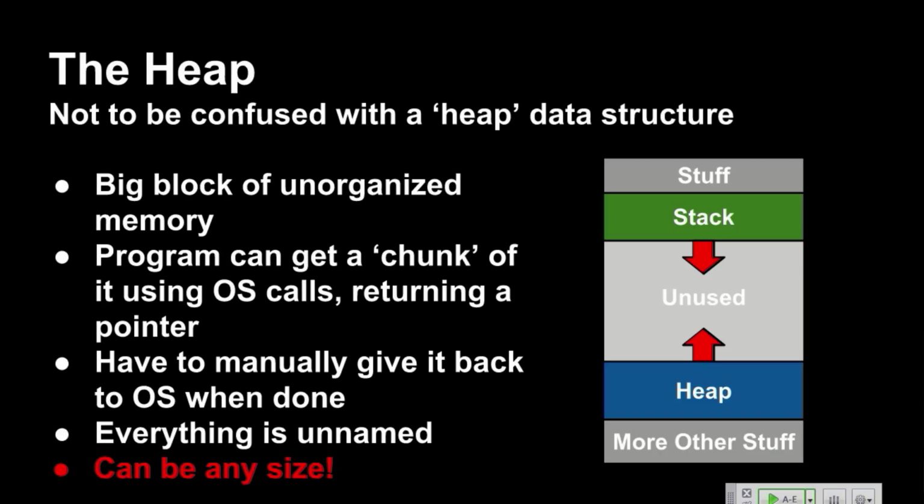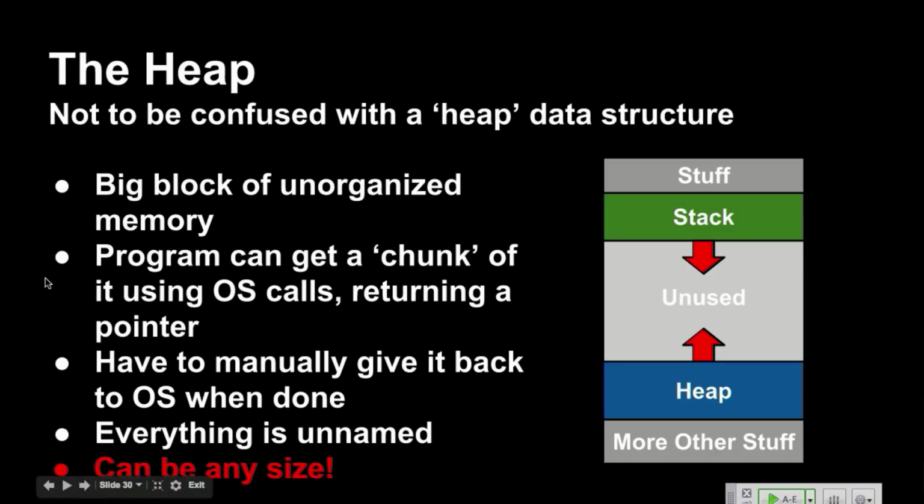And you specify exactly how much you need. I need 8 bytes. I need 1,000 bytes. I need a megabyte worth of arbitrary data. You can change how much data you need. So let's say I'm getting user input. What I could do is put it on the heap and just keep expanding the size as the user enters more and more stuff. That's how you do variable size allocation.